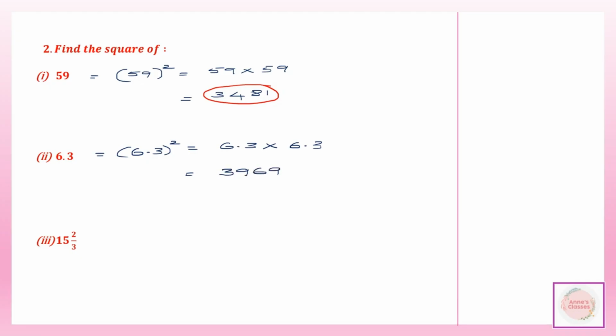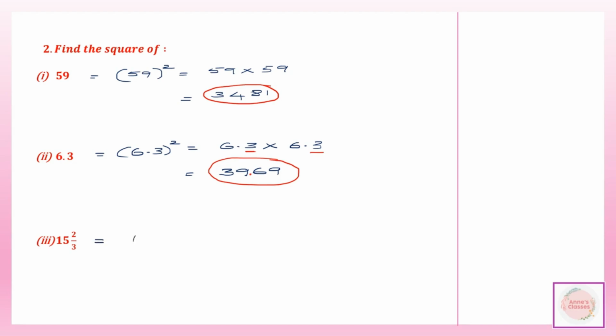Then we go back to the question and look at the decimal places. Here there's one decimal place and here there's one decimal place. There are two decimal places. That means in your answer also there should be two decimal places. So the point will come here. So what is our answer here? Our answer is 39.69.